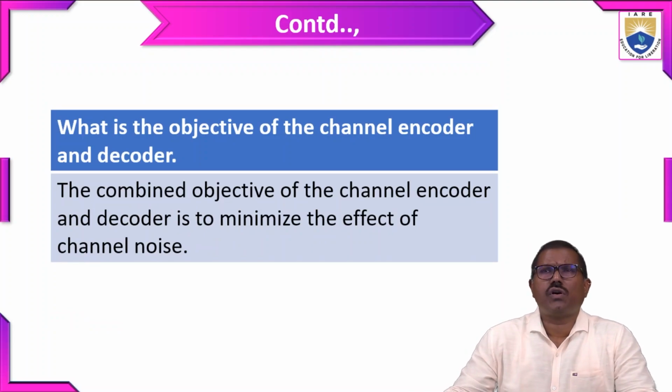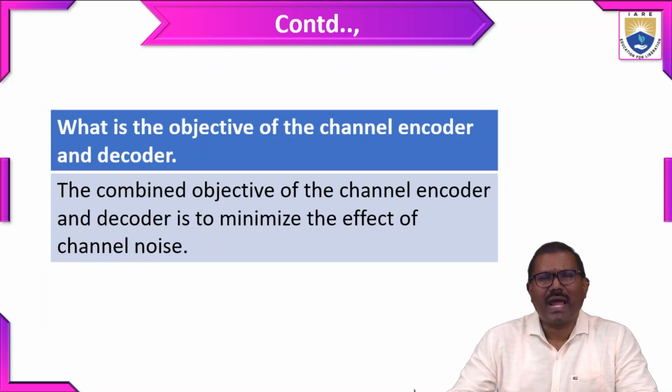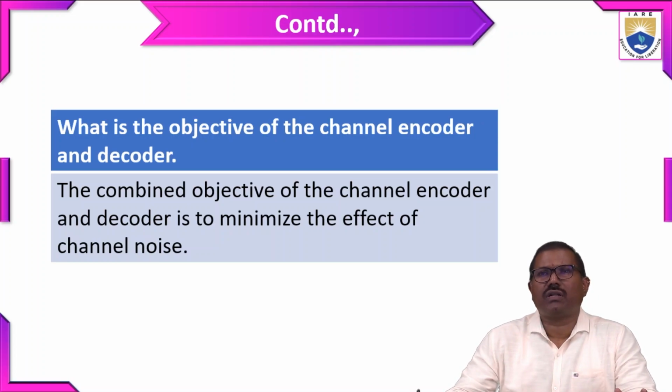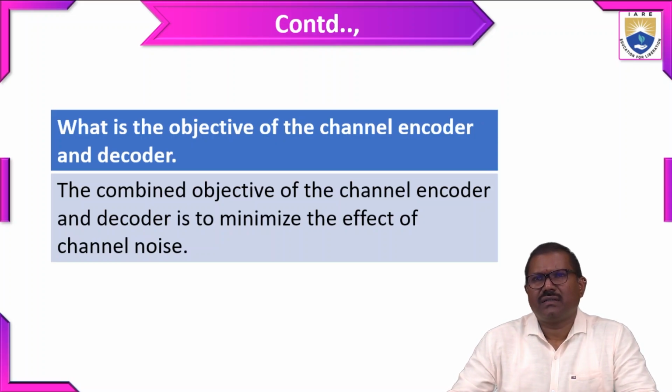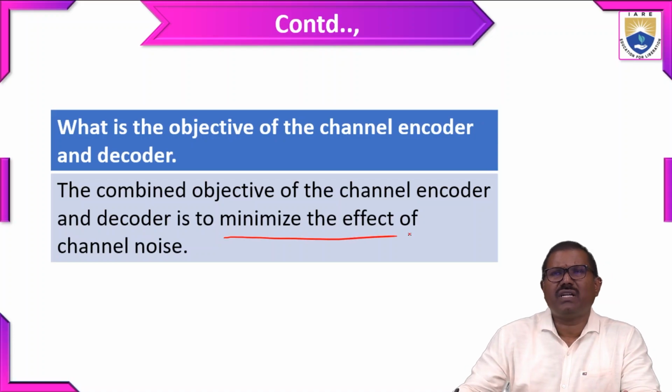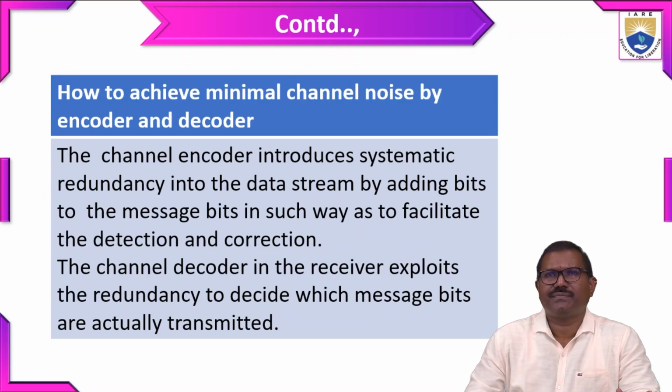What is the objective of the channel encoder and decoder? The combined objective of the channel encoder and decoder is to minimize the effect of the channel noise. Okay? The main objective is to minimize the effect of the channel noise. How to achieve minimal channel noise?